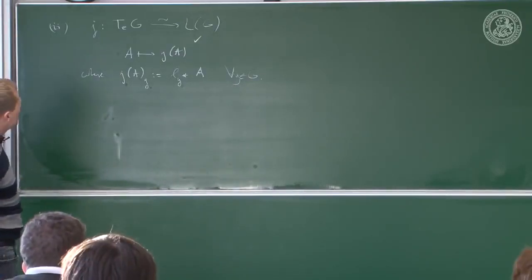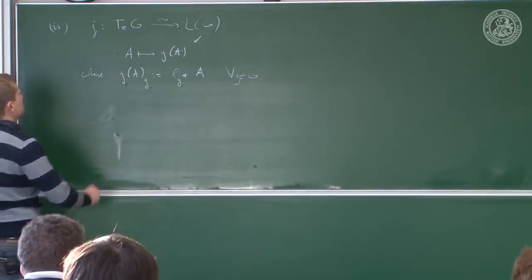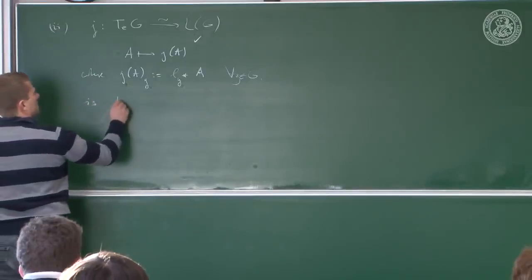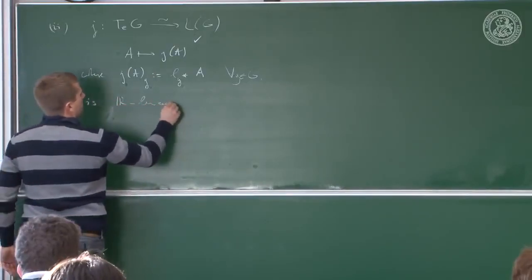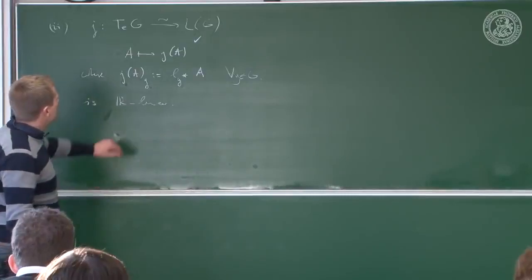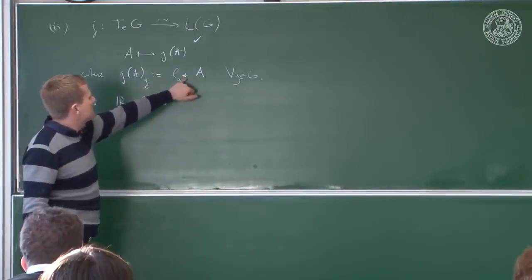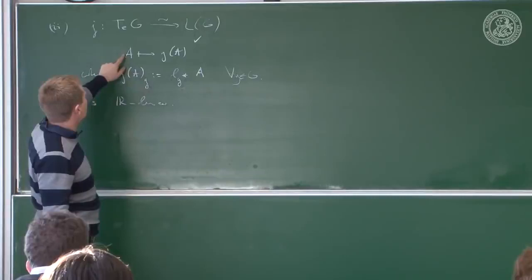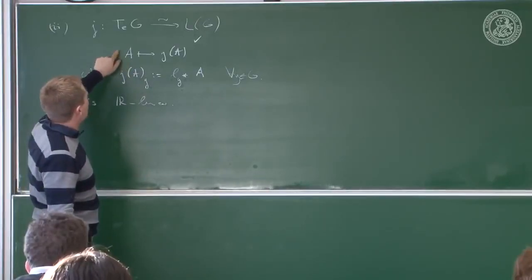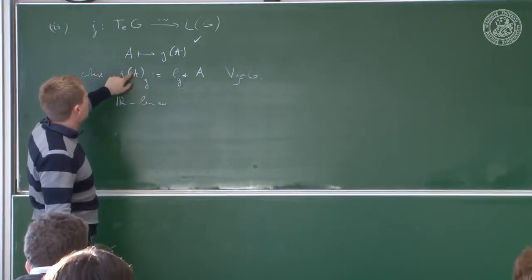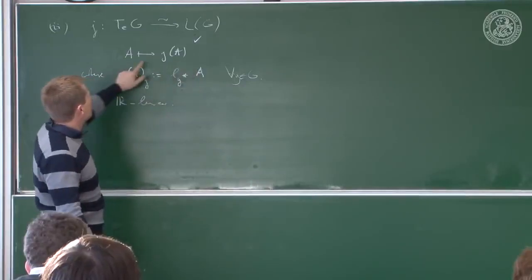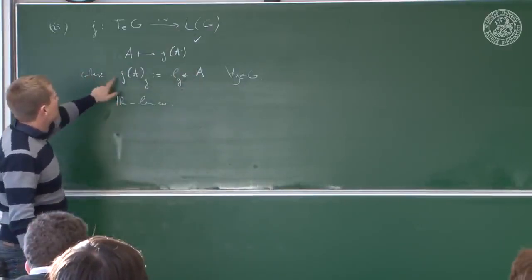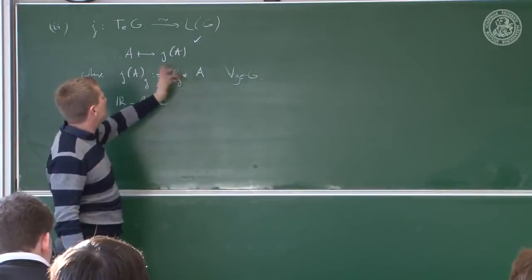Now point 2, we want to verify that this is linear. Is it R-linear? Well, that is obvious because L_G star is R-linear. So if I multiply this by some number here, then the number will jump right in front. And because this is linear, it's also additive, of course.